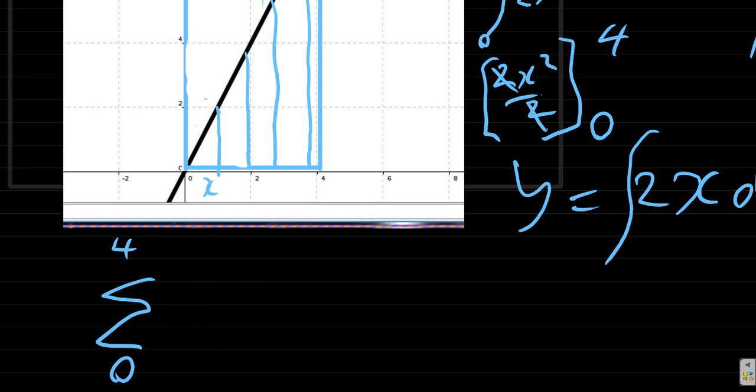No, it's 2x. The height is 2x. Each height is 2 times whatever x is, times the change in x. So the change in x would be the width of each trapezium. Alright?